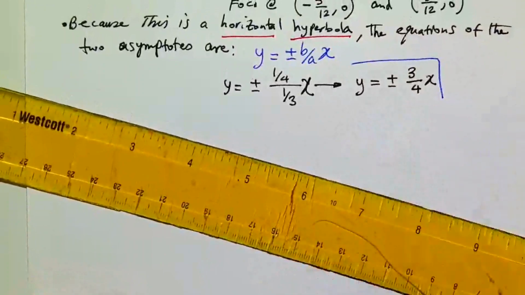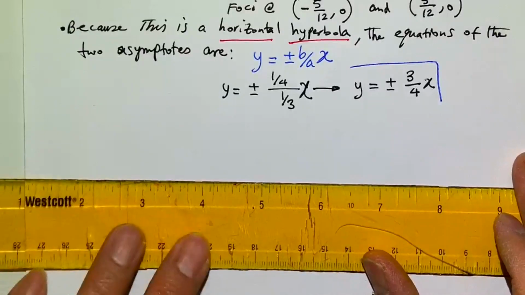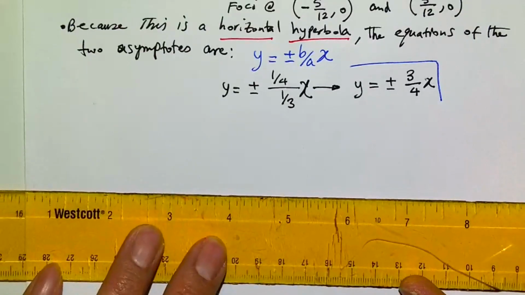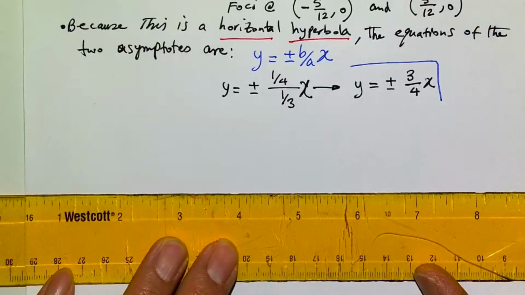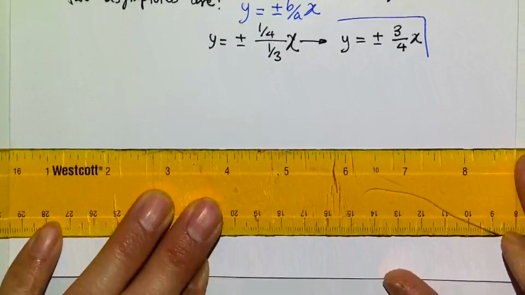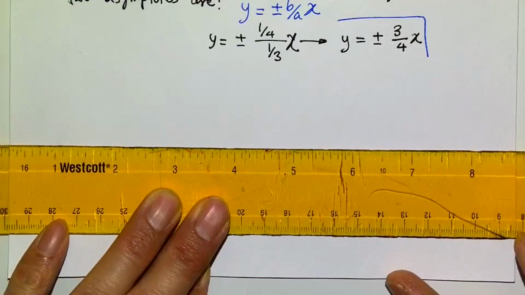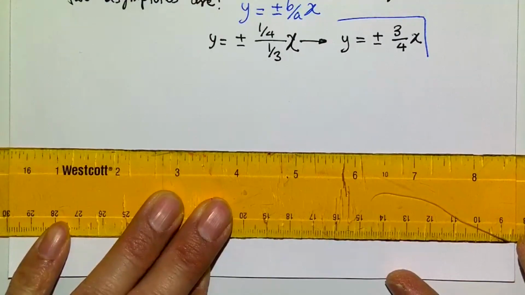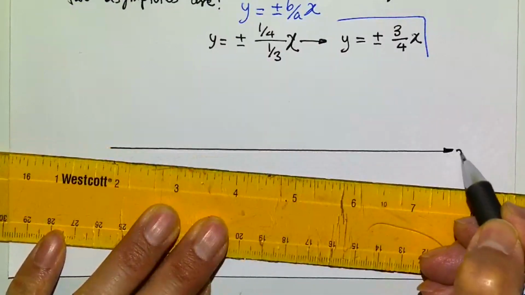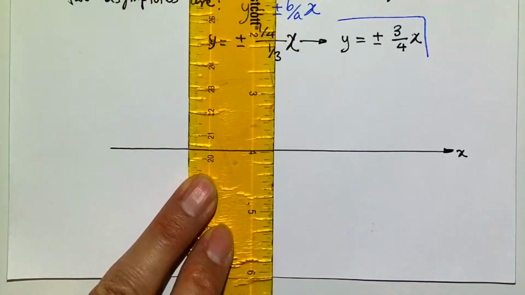The vertices are off of the origin, but that's where the central box should be. So let me draw that. I hope I can fit it in this little space that I have left at the bottom of this page. I think I can, so let's see. So here we have our x-axis and the y-axis.